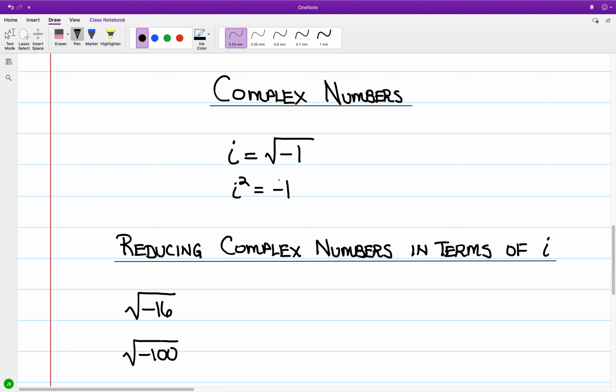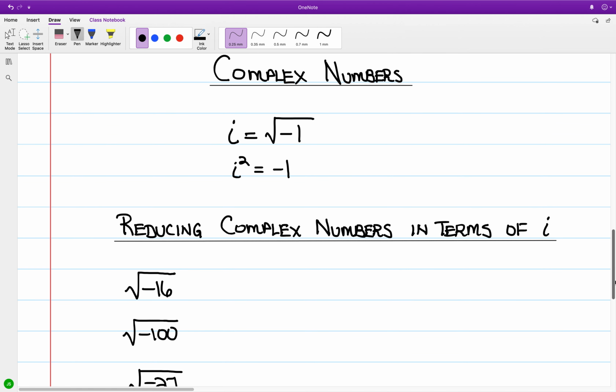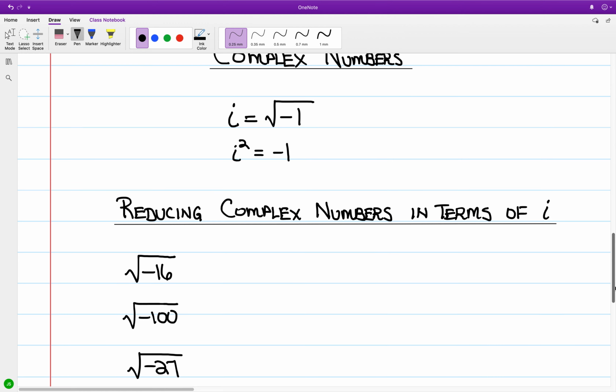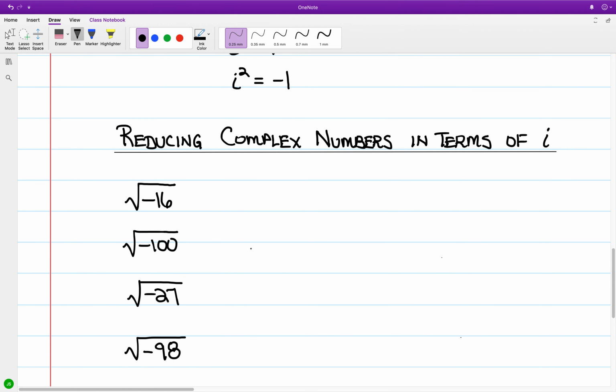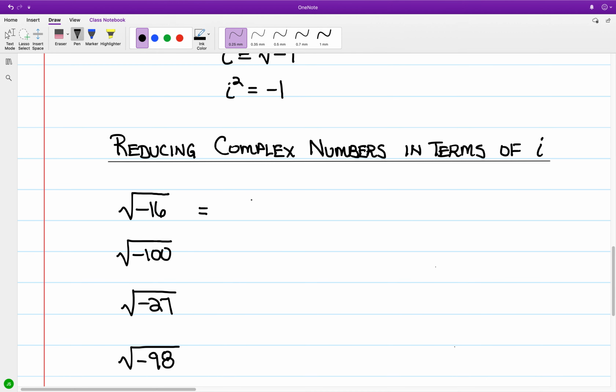If I square i, I goes to i squared, and the square of the square root of -1 goes to -1. And just a bit of a sampling of reducing complex numbers in terms of the letter i. Let's say you have the square root of the negative of a perfect square, like the square root of -16.